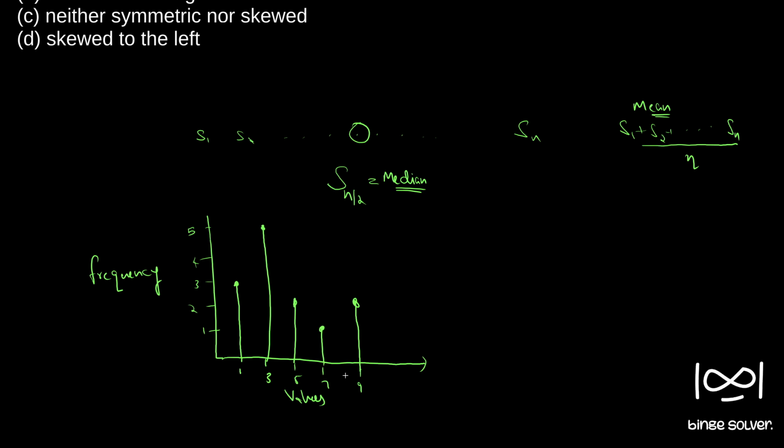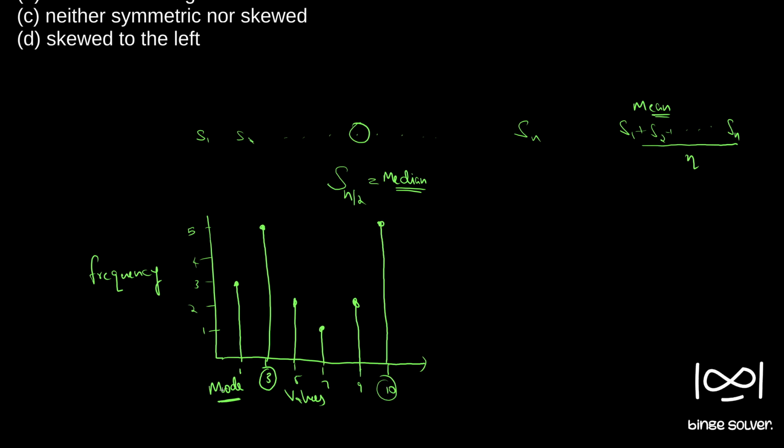As you can see, the most appeared number is 3, with frequency 5. So the most appearing number is the mode. If we have multiple numbers, say we have 10, which also appears 5 times, then that means we have 2 numbers as mode, 3 and 10.